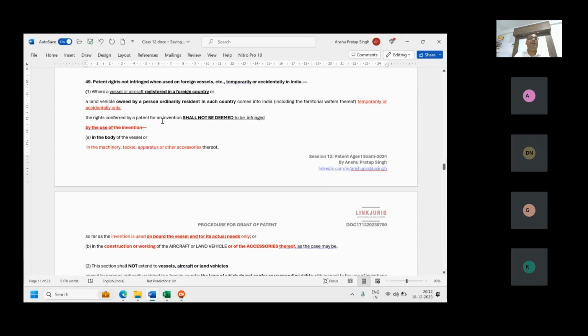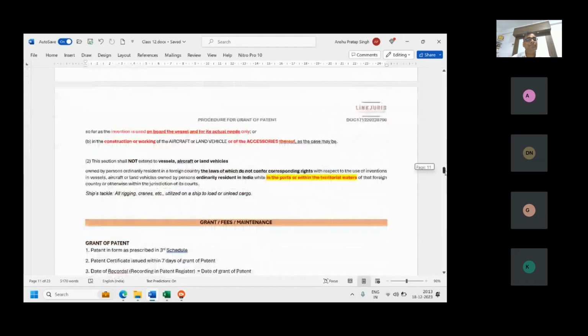Then it says the right conferred by a patent for an invention shall not be deemed to be infringed by the use of the invention in the body of the vessel or in the machinery, tackle, apparatus, or other accessories. If it is with respect to a ship, it is used in the body or any machinery, tackle, apparatus, or accessory. What is tackle?